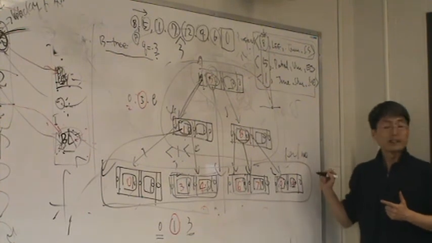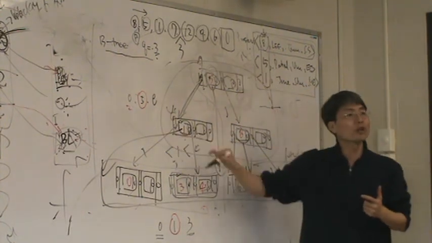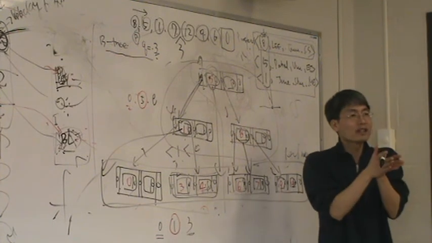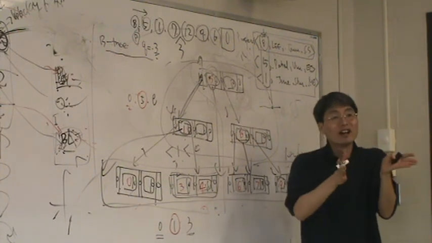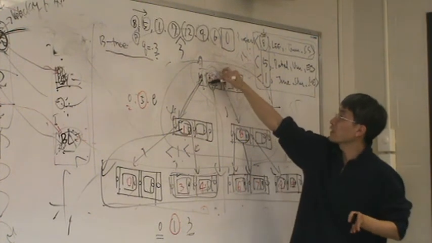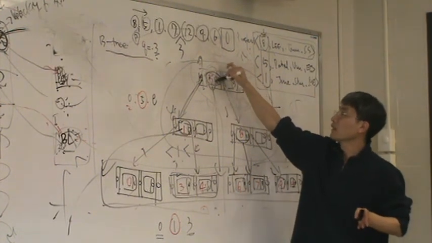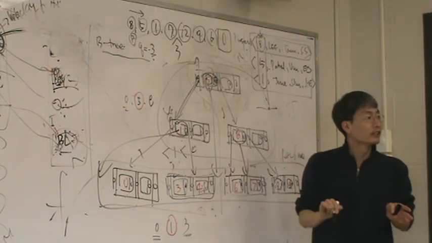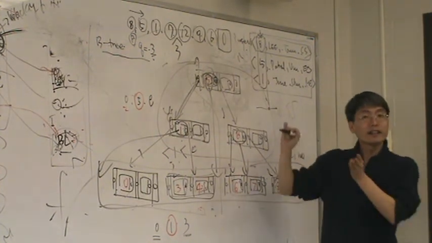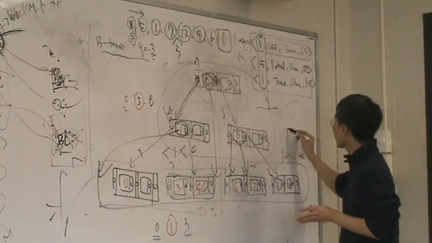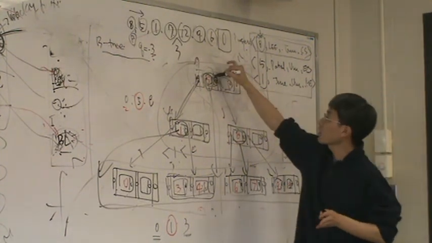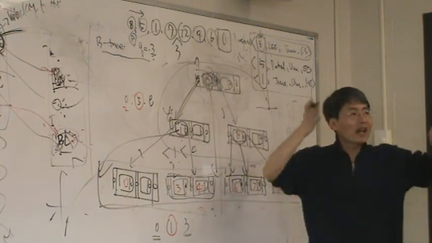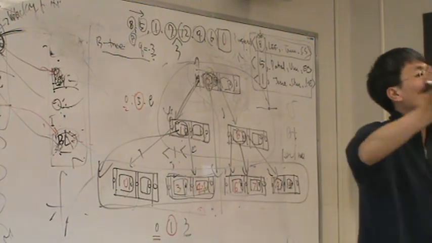Then the internal node will be used for what? Only to divide the data. So 5 here means, in the B-tree, index key entry plus this pointer. But in this B plus tree, we do not have a data pointer. Instead, only 5. 5 will be used for separation.